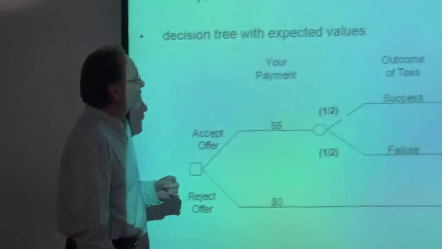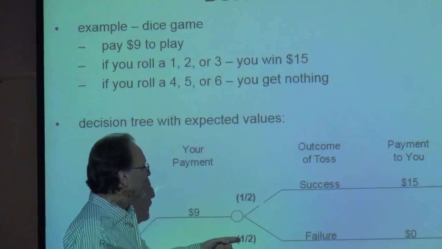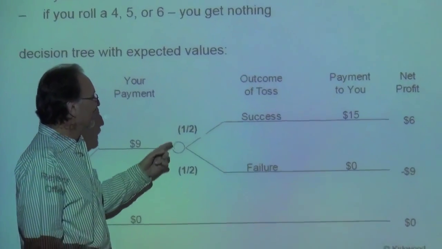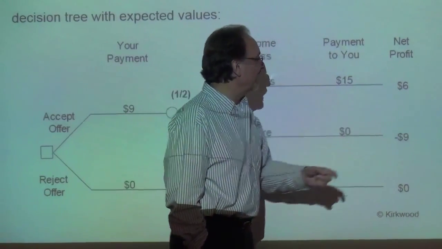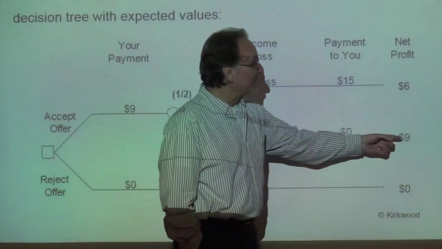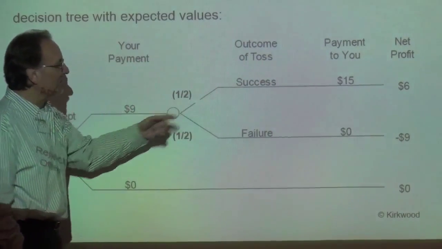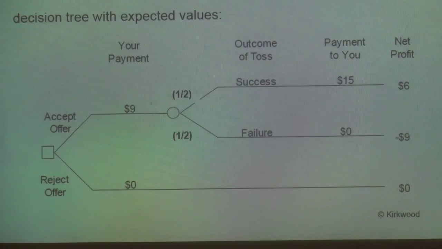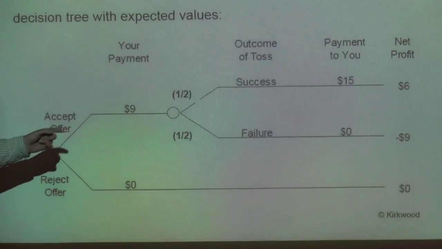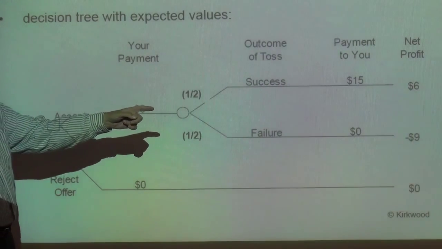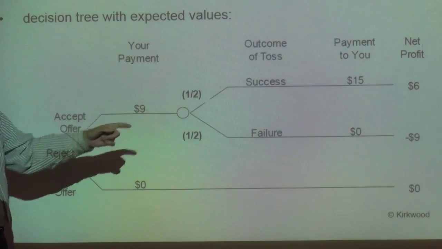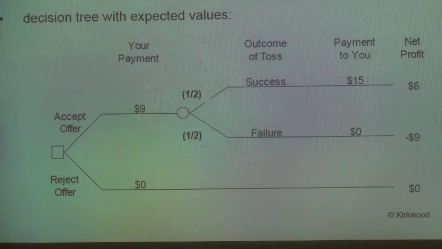Now, let's say it's a 50-50 chance, $15, with half chance of success, half of failure. So that's 0.5 times 6 is 3, and 0.5 times -9 is -4.5. So the expected value of this branch is 3 and -4.5, which is -1.5.